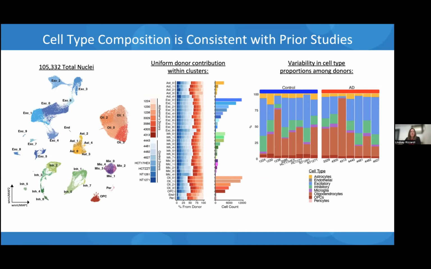Not unexpectedly, we also saw high variability in the cell type proportions among donors. So for any individual donor, we would see a variable proportion of different cell types captured. Generally, we found that most of the cells from any given donor were oligodendrocytes, and this is consistent with the previous literature in the single cell RNA-seq field as well. The second most abundant cell type were excitatory neurons.